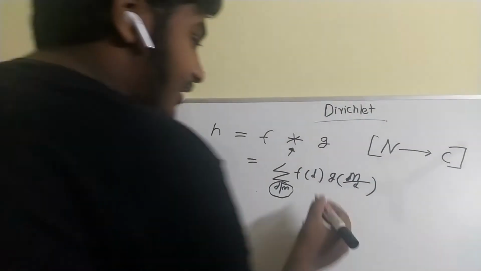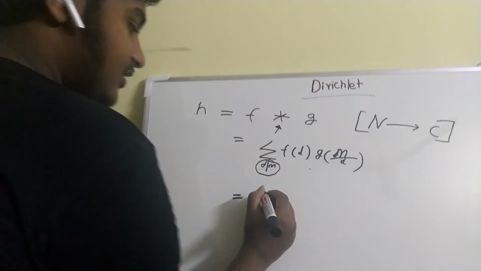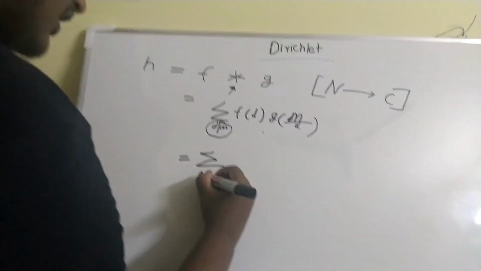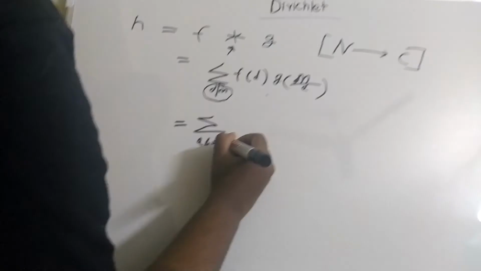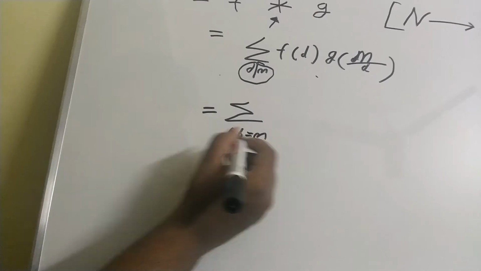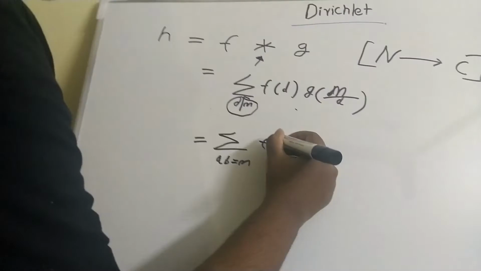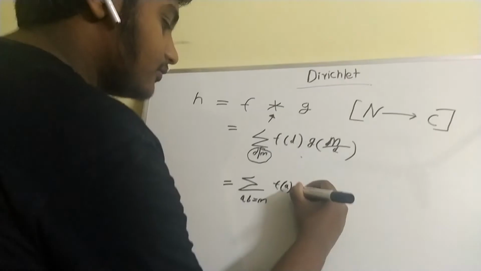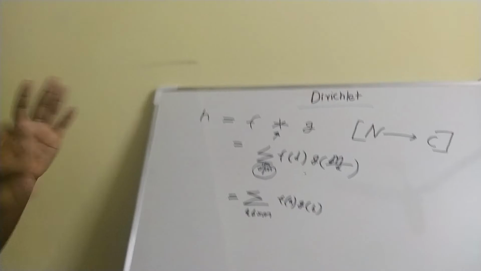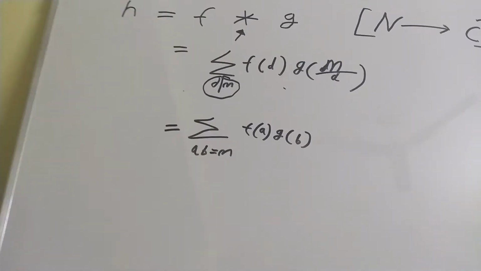This can be written in a simpler way: a times b equals n. So we are talking about pairs of numbers which satisfy this condition, and f of a times g of b. This is the definition of a dielectric product. Interesting, right?